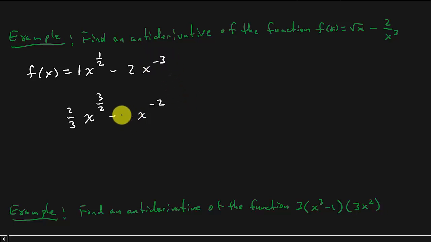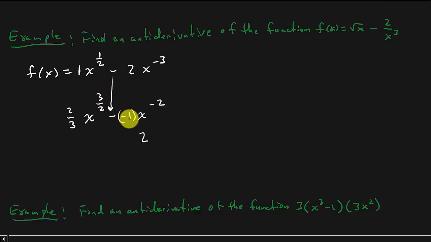But I need a number. What number do I need right here? Well, let's see. I've got negative 2 times what? Well, that's going to be negative 1, right? Because negative 2 times negative 1 gives me the positive 2. But notice, there's my minus sign.